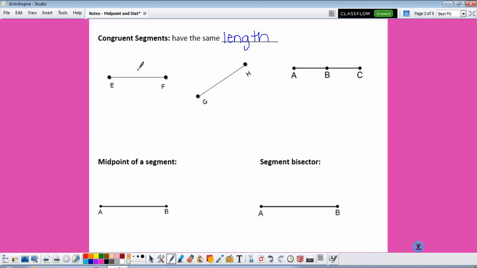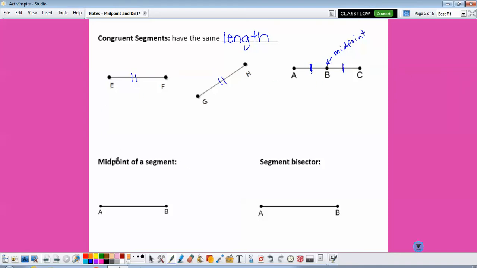So, congruent segments have the same length. Ways we can know they're congruent is by making congruent tick marks. So if EF is congruent to GH, if EF has two tick marks, GH would have two tick marks. Let's say that B is the midpoint here. If that's the midpoint, then it has cut this segment in half, and we would know that AB is the same as BC.